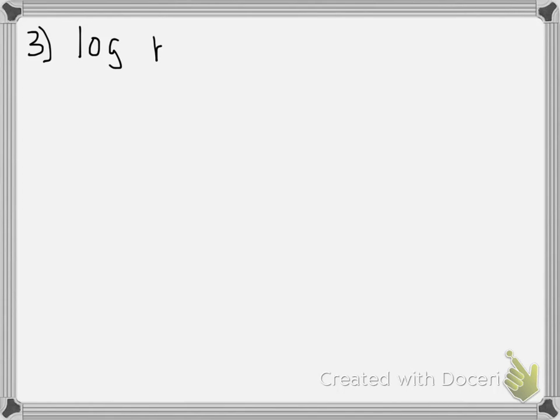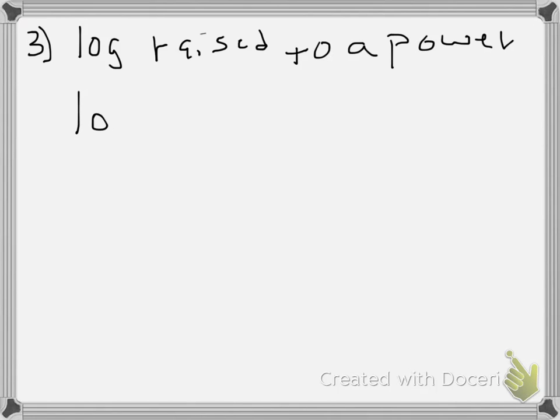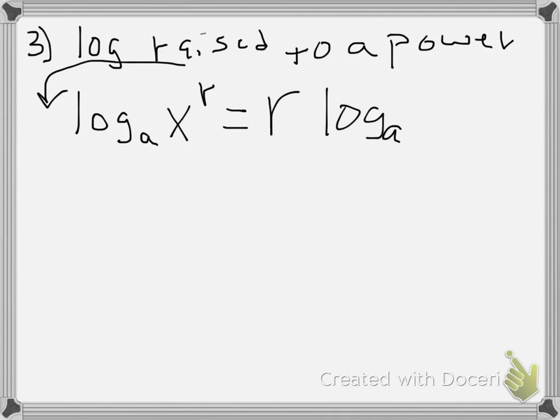Let's call this log raised to a power. In other words, we'd have something like the log of some base a of x raised to the r power. Well, what we can do is take that exponent and move it out in front. That equals r times the log base a of x.